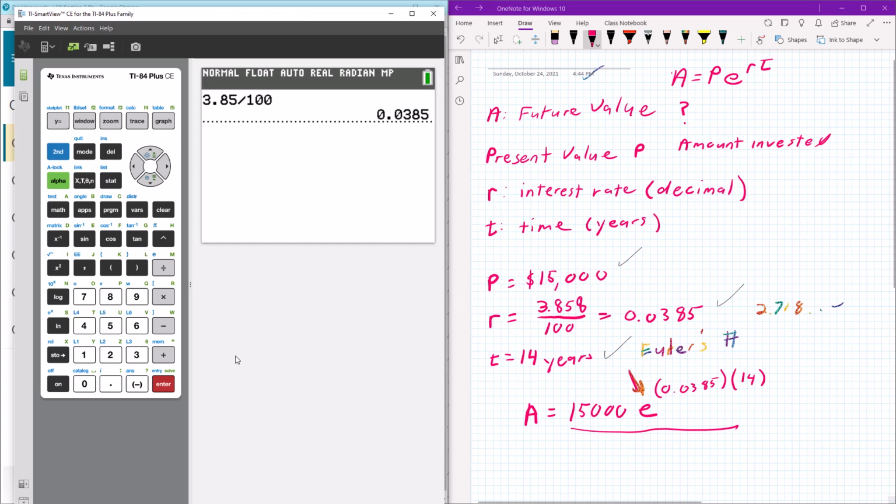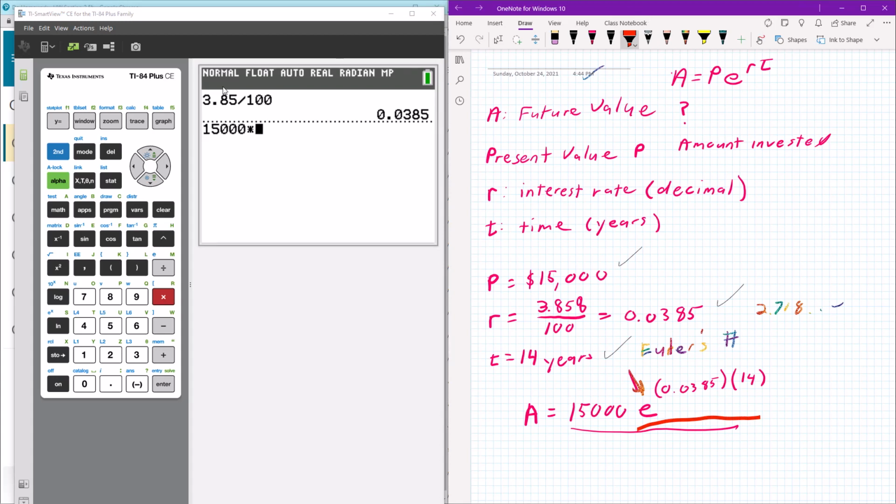We will type in 15,000 times, and then over here, you see where we have the ln key and the e to the x? That is what we're going to use to do this part of the calculation.